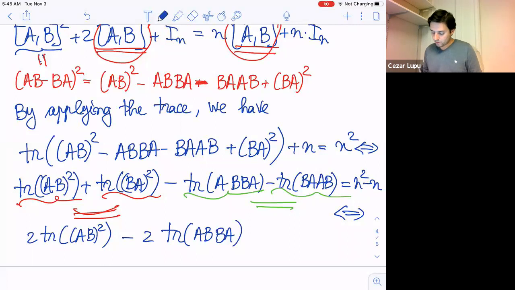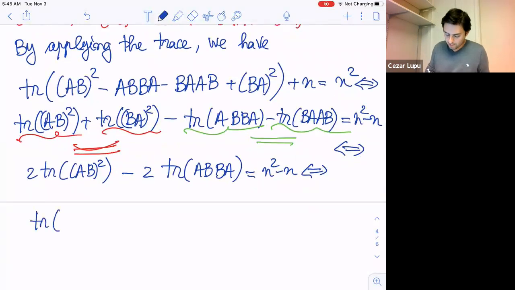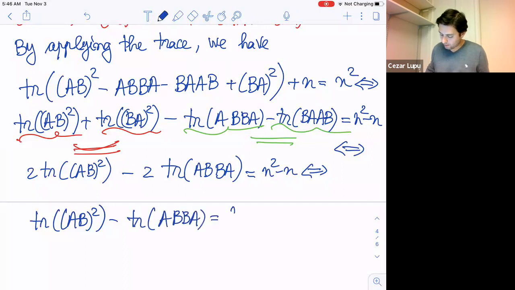Okay, this would be nothing else than just N squared minus N. And now you can write this as trace of AB squared minus trace of AB BA is N times N minus 1 over 2.